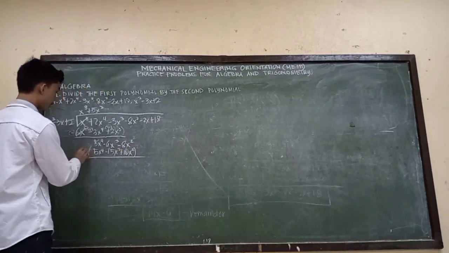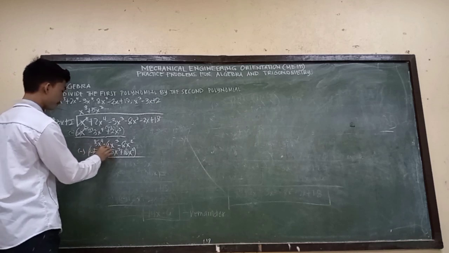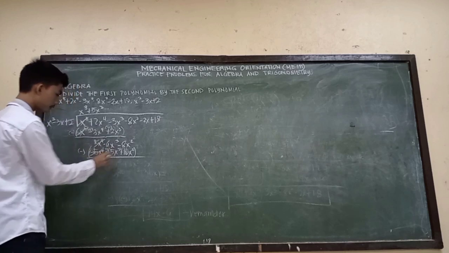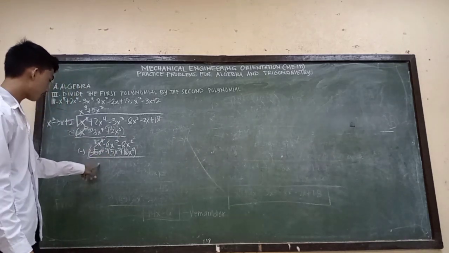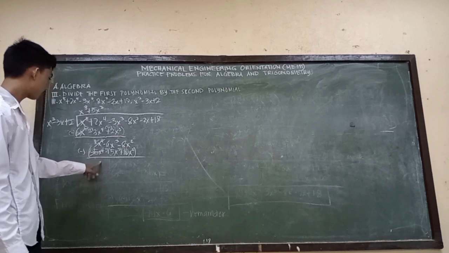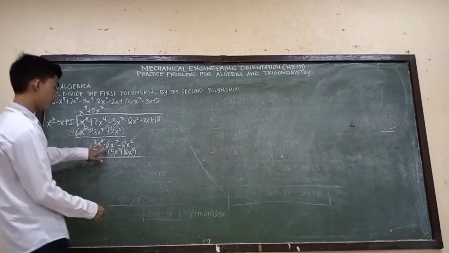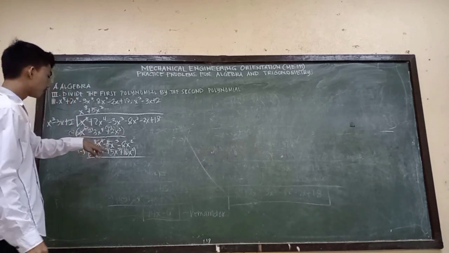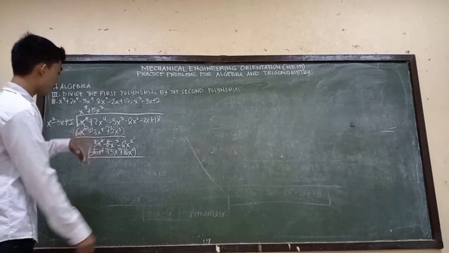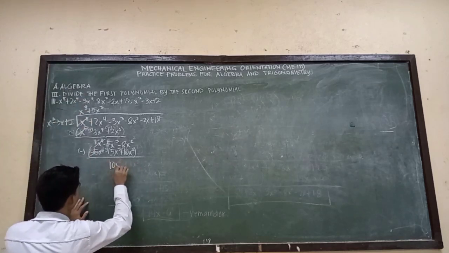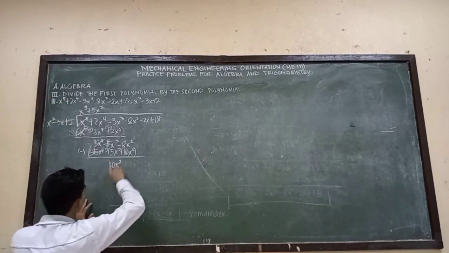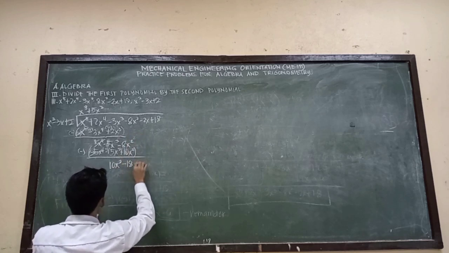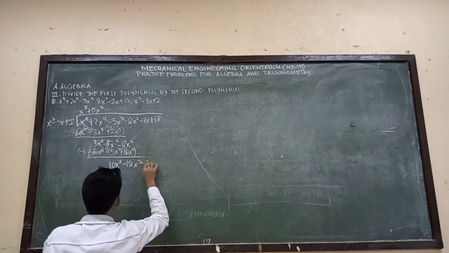So multiply this equation with negative sign, negative, positive, and then negative. 15x cubed minus 5x cubed will give us 10x cubed, and then negative 10x squared minus 8x squared will give us 18x squared. Bring down 2x.